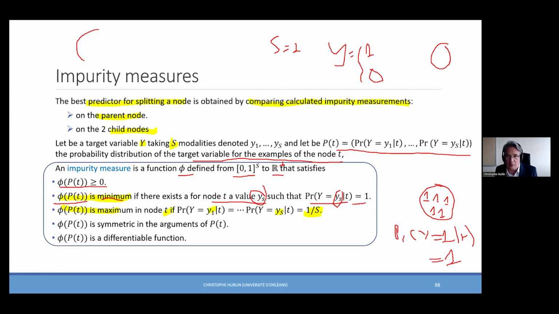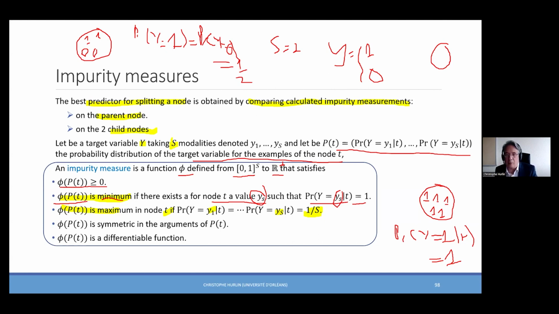If I have a node in which I have 4 individuals, 2 ones and 2 zeros, the probability to observe 1 at this node is equal to the probability to observe 0, which is 50%.